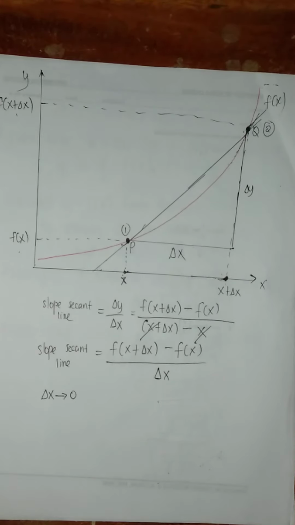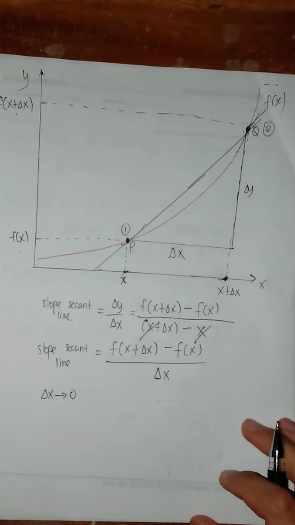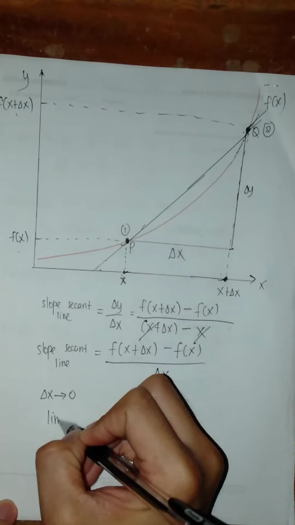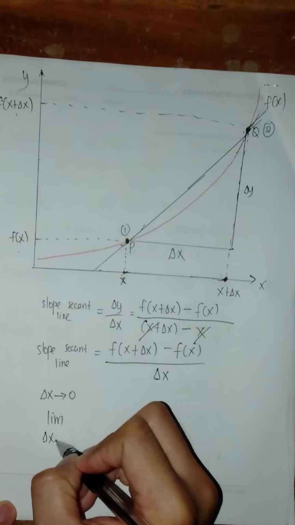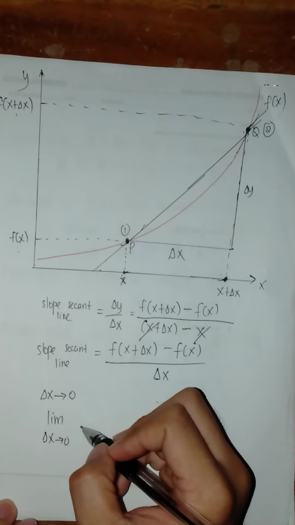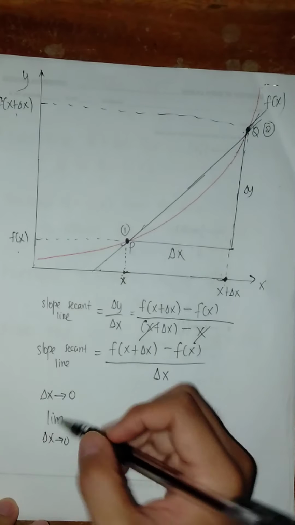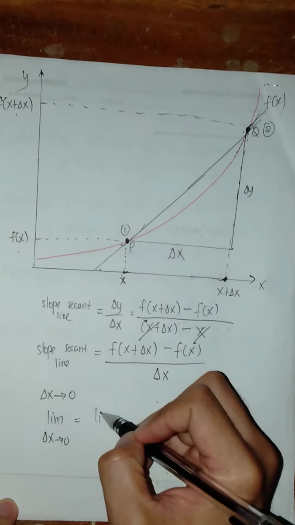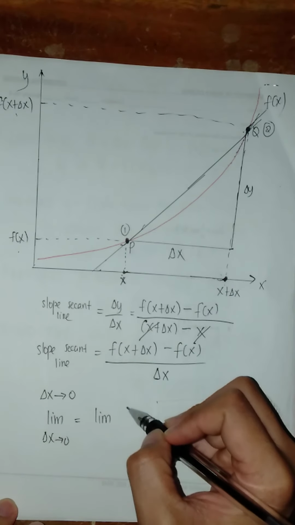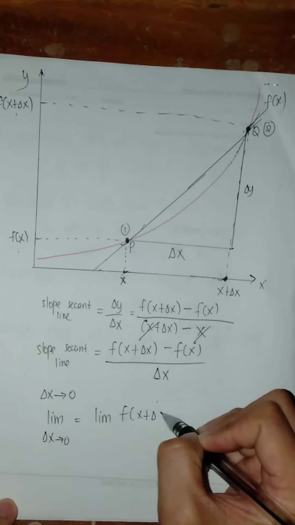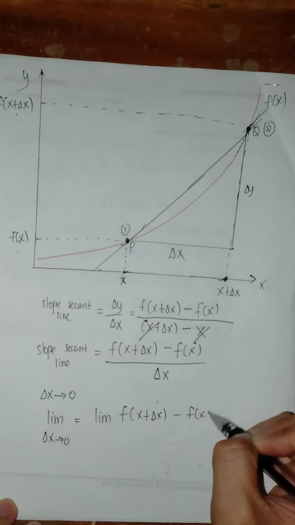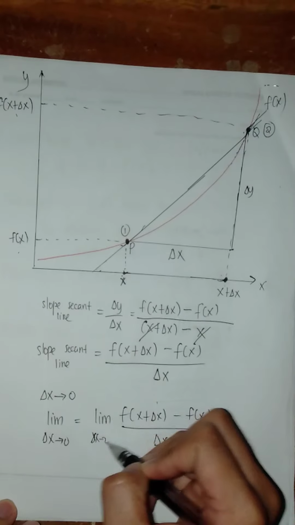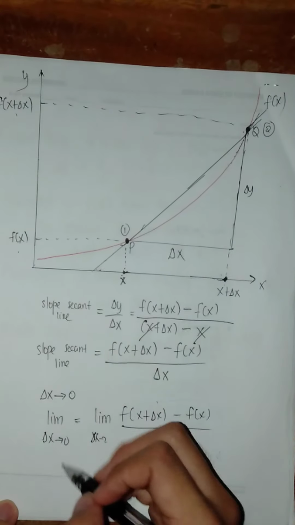So, by applying the concept of limit, take the limit of both sides. The limit of your secant line slope as delta x approaches 0 is equal to the limit of function of x plus delta x minus function of x over delta x, as delta x approaches 0. What is this? This one is your derivative already.